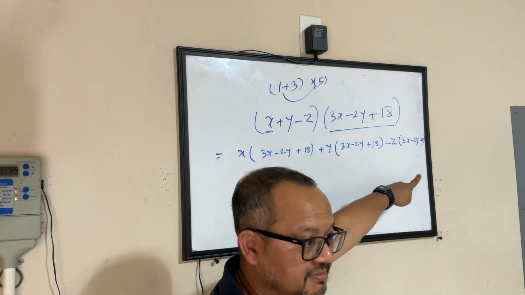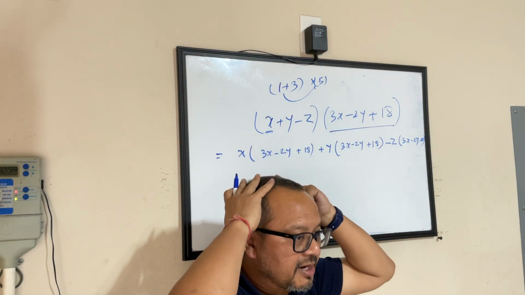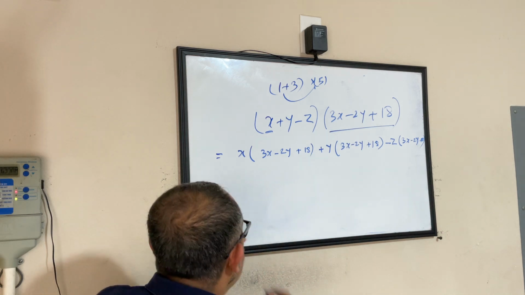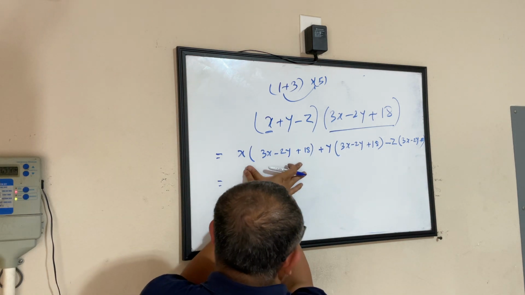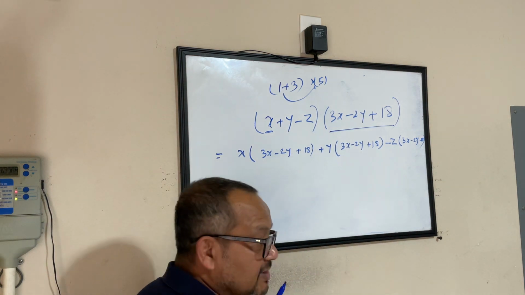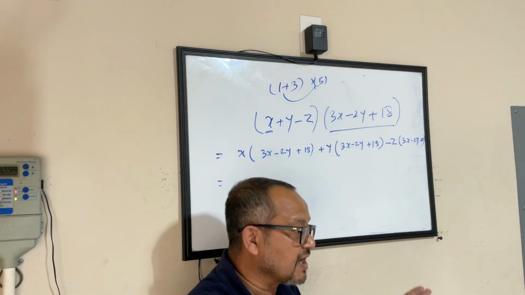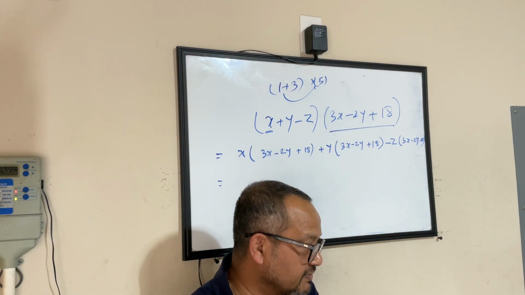And this doesn't take time. Whatever is going on in my mind, I'm just writing it down. And then I have to break open every bracket and then add the similar things. Meaning add bananas with bananas, apples with apples, oranges with oranges. That's what I look at.